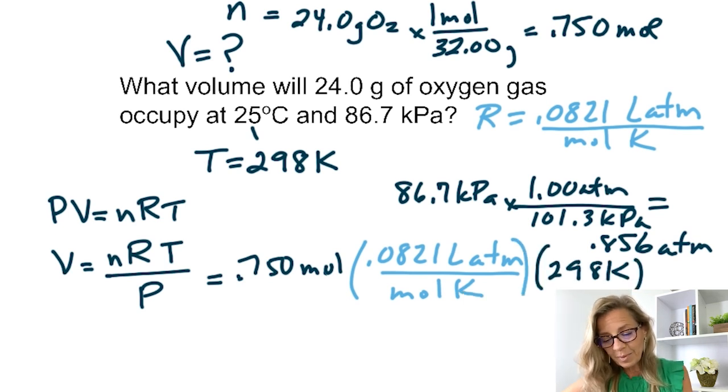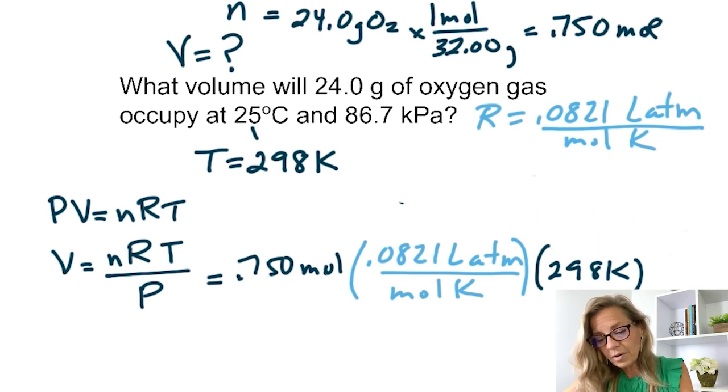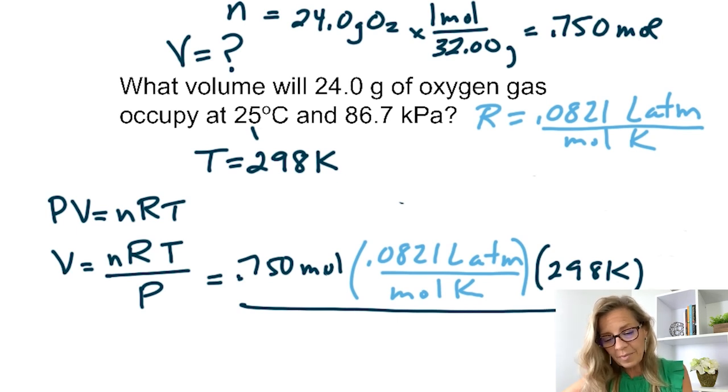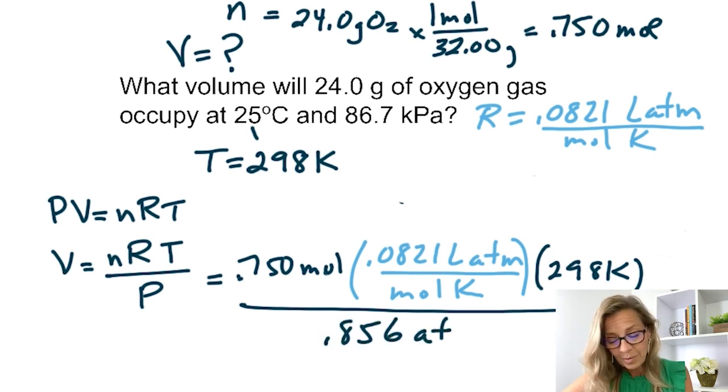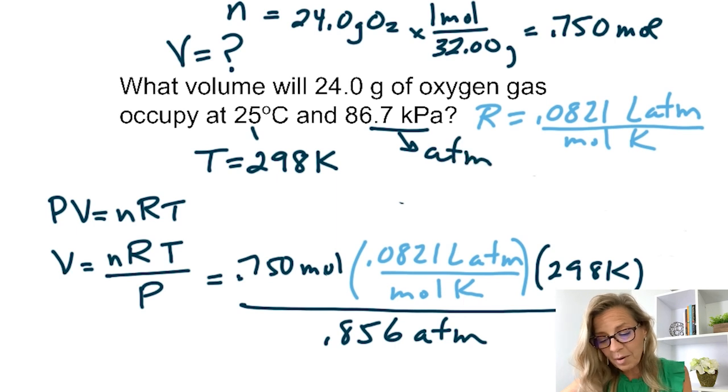And then here comes my temperature times 298 Kelvin. I'm going to go ahead and erase this just so you can see the problem here. And then on the bottom, I'm going to divide by my pressure, which I just calculated, 0.856 atmospheres. Remember I took that to atmospheres.